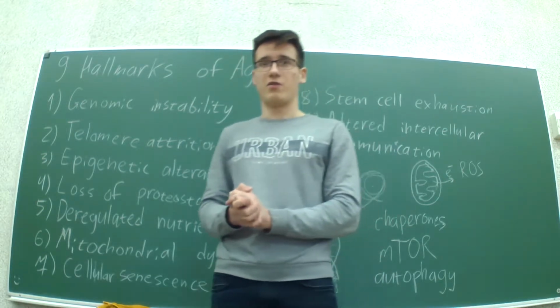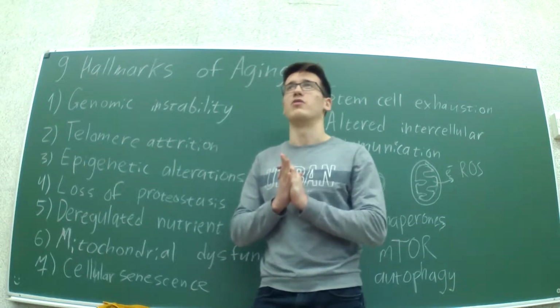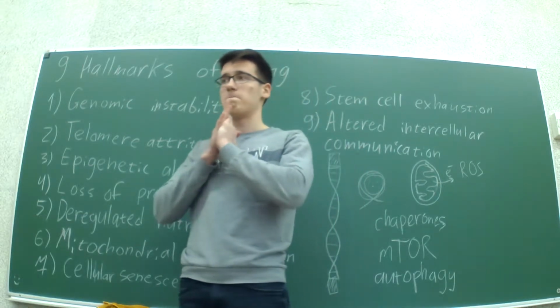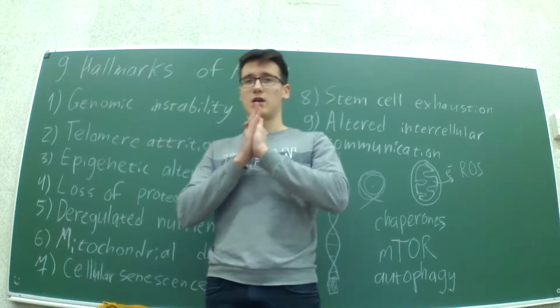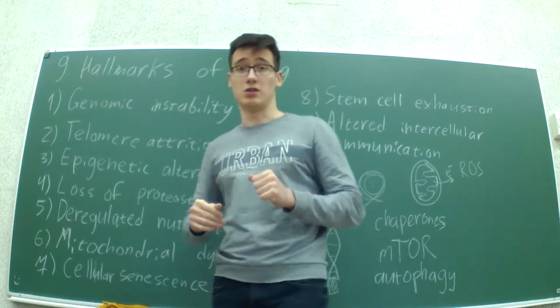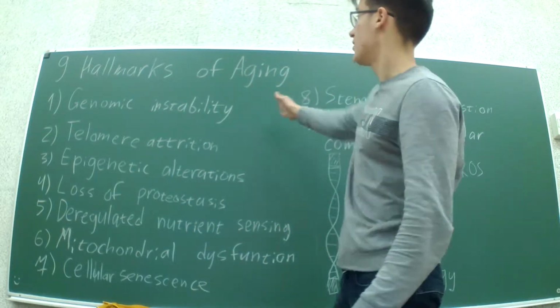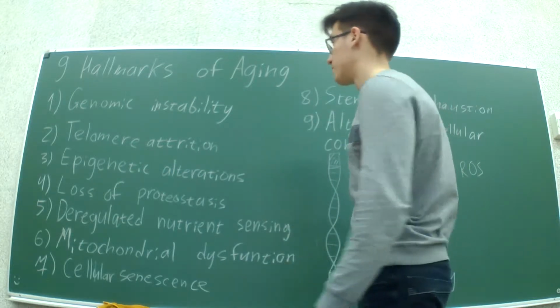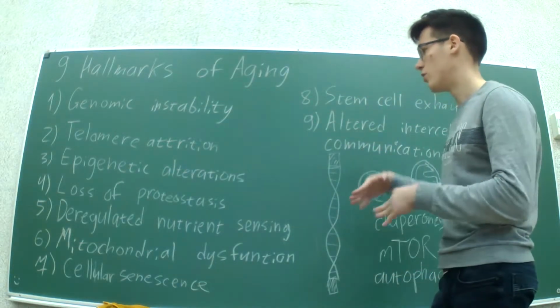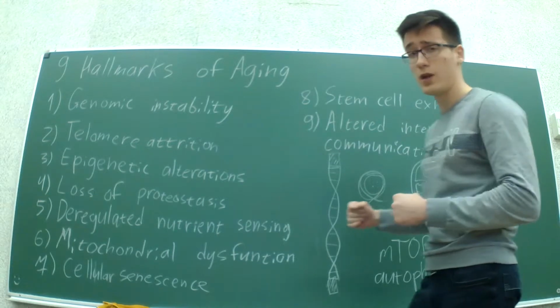But from a more scientific point of view, aging has 9 manifestations, which are called 9 hallmarks of aging. Well, we'll go through each of them.